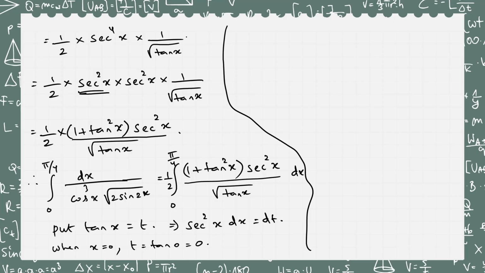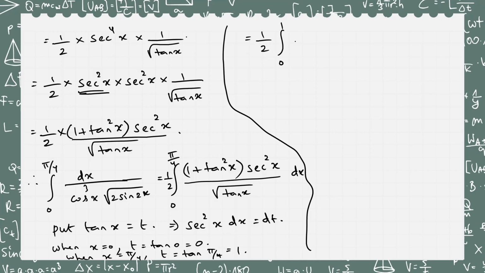So the lower limit is 0 only. So when x equal to pi by 4, t equal to tan pi by 4, and tan pi by 4 is tan 45, which is 1. So now the limit becomes 0 to 1.